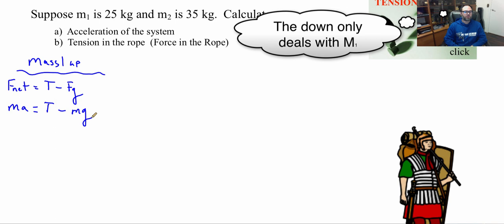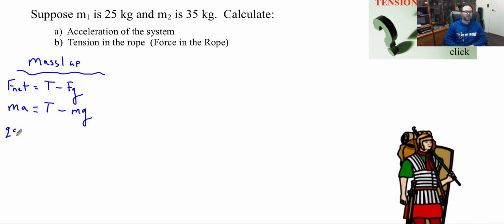We're going to plug in what we know, so 25 kilograms times acceleration is equal to my tension minus 25 kilograms multiplied by 9.81 meters per second squared. We end up getting 25 times my acceleration is equal to my tension minus 245 newtons.